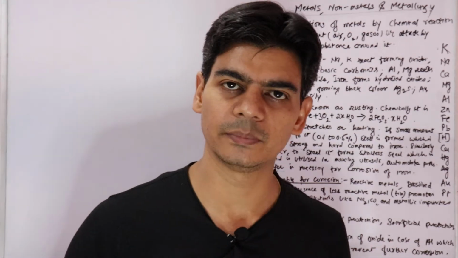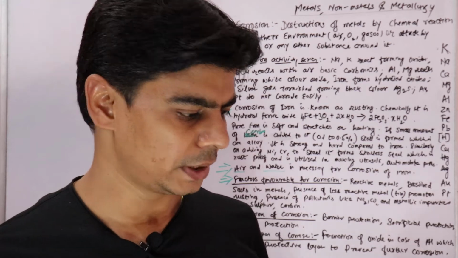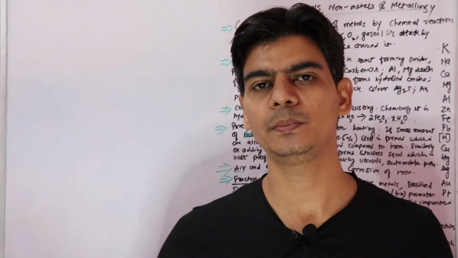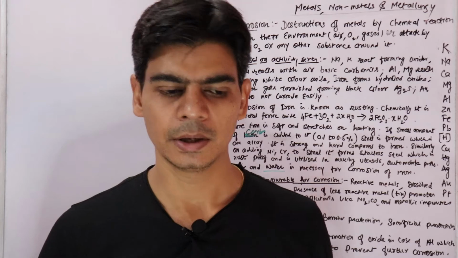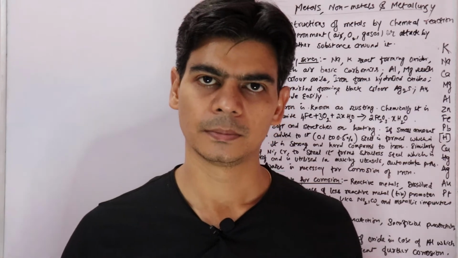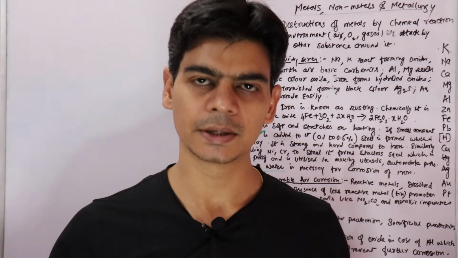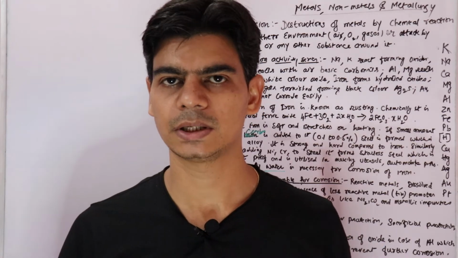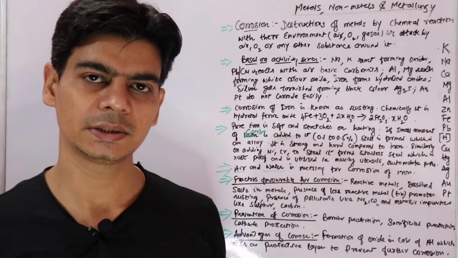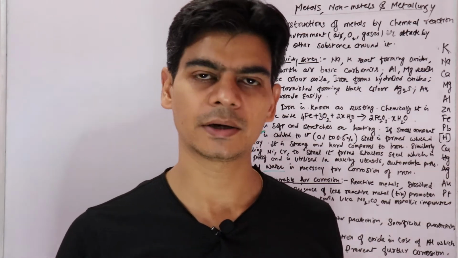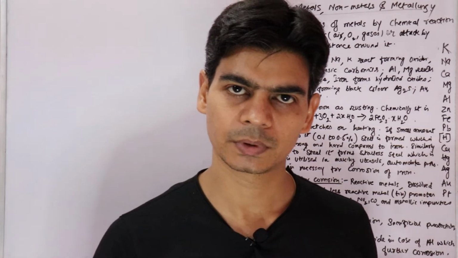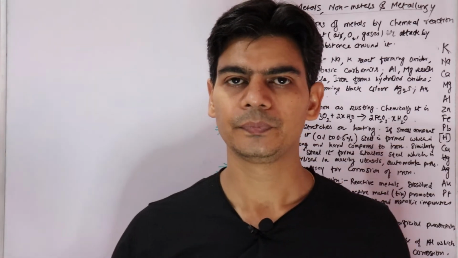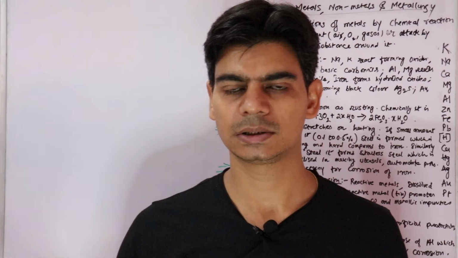Presence of less reactive metal. Suppose we are trying to prevent the corrosion of iron, and we coat iron with a metal which is less reactive than iron. In that case corrosion of iron won't get stopped. Let's take an example.